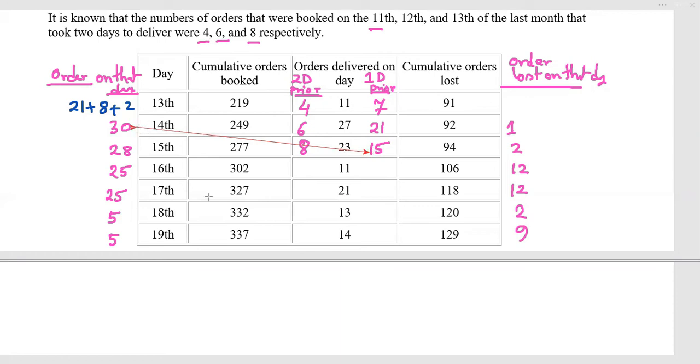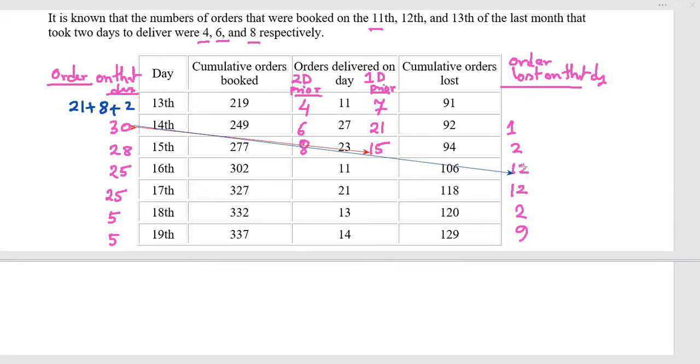Another is order lost. Let me draw this one. Out of the 13, this is the order lost. These are the two: 1 day after and 2 days after, it is lost.